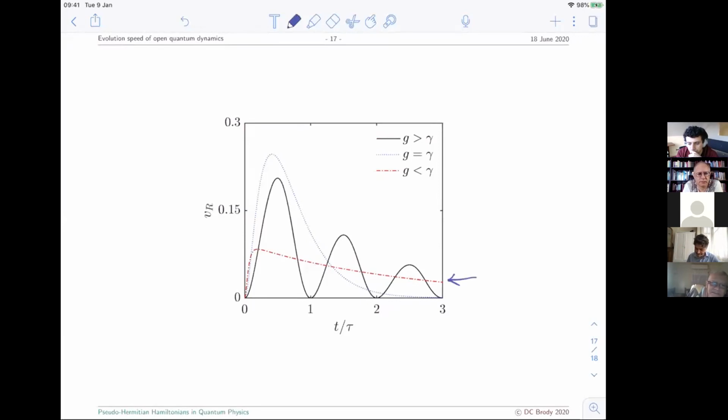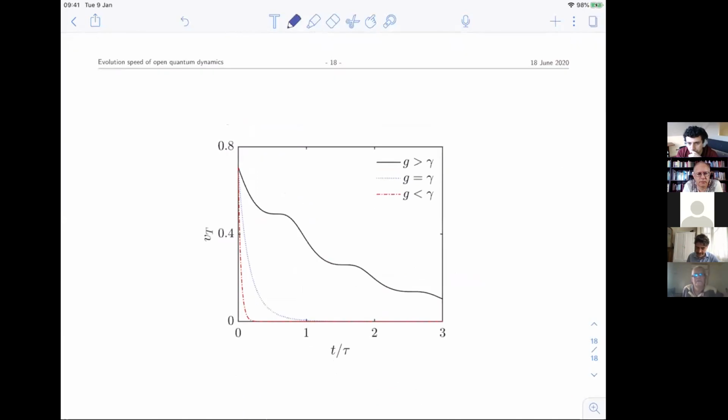Okay. And finally, looking at the tangential component, and that's the interesting one because we're interested in how far you can move the state without decaying too much. Okay, so that's the tangential component.